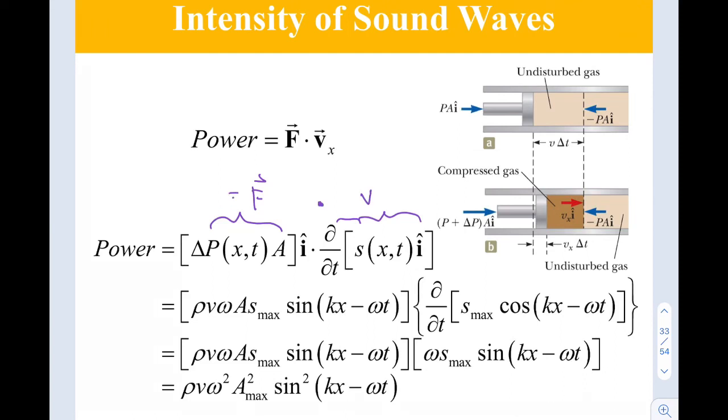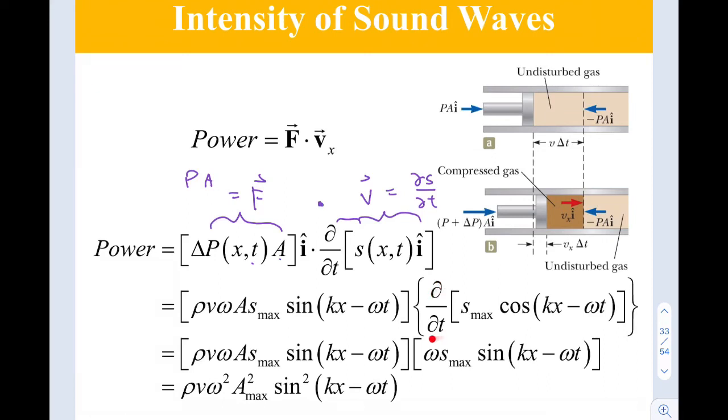Okay, so let's put it like this. Now we can rearrange and substitute, firstly, the delta P as a function of x and t times A, which is equivalent to this sin kx minus omega t, and your s is s max cos kx minus omega t.